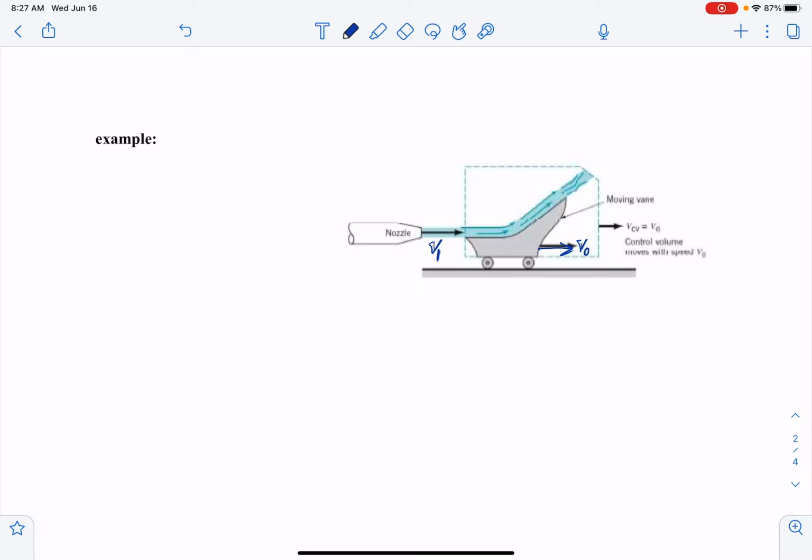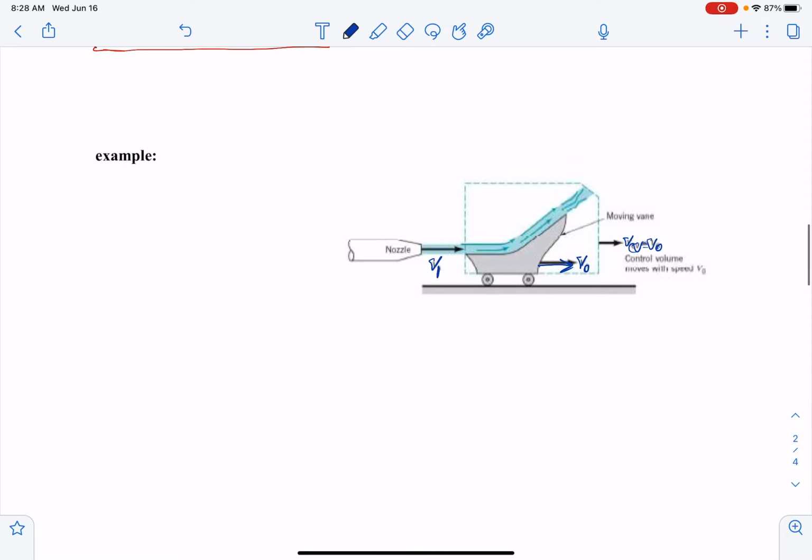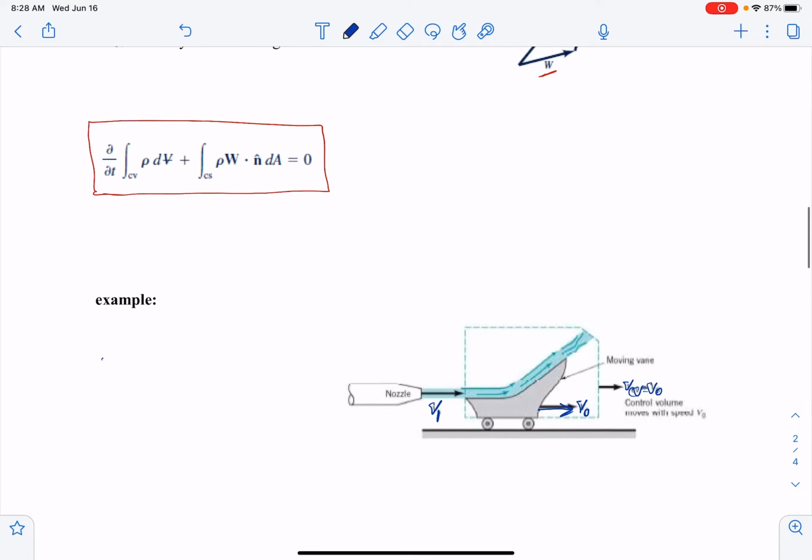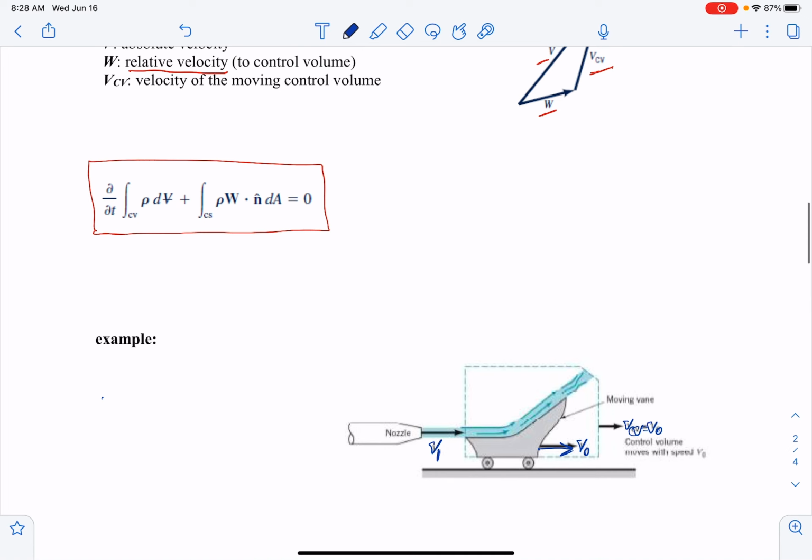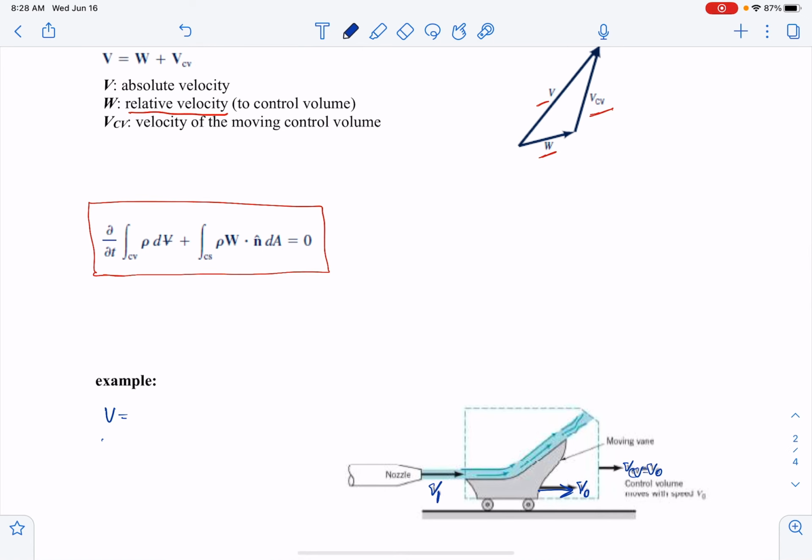And so if we consider VCV as V0, let's write down the relative velocity to the control volume for this system. If we use this formula right here, we have V is equal to W plus VCV, right?